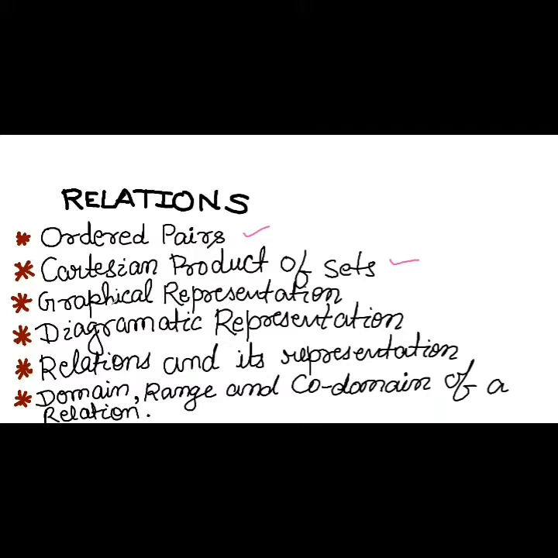The third topic we will discuss in relations is the graphical representation of relations, meaning how to represent relations by using the graphical method. Next is the diagrammatic representation of relations. By using a diagram, we will represent relations. Then next is relations, meaning the definition of relations and its representation, and how to represent relations.